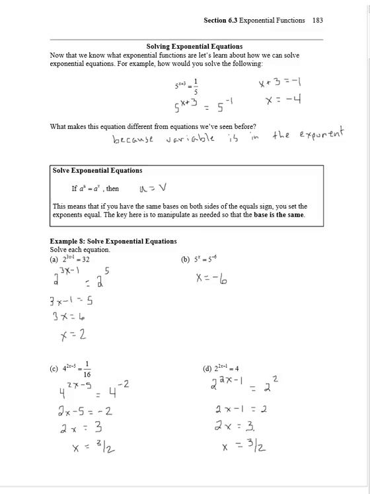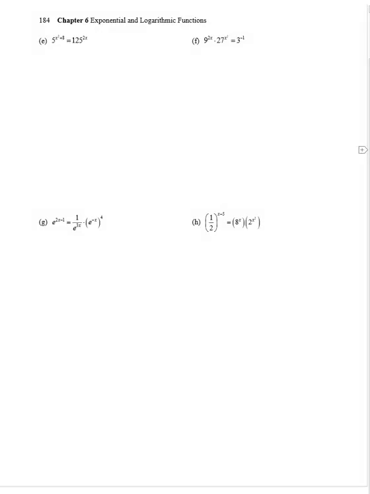Alright, moving on to the final page of 6.3. It's just more solving. So we have 5^(x²+8) equals, 125 is 5 cubed.